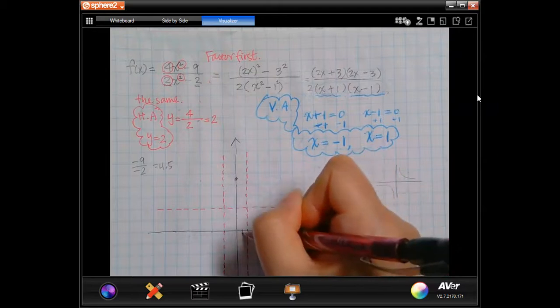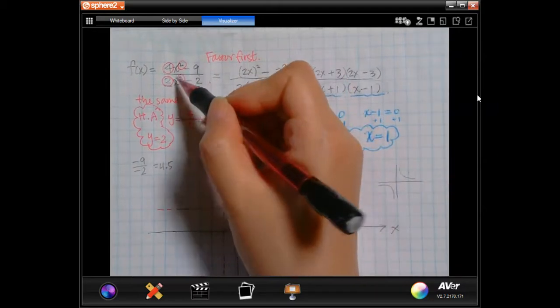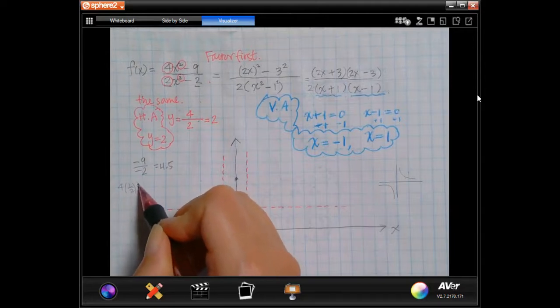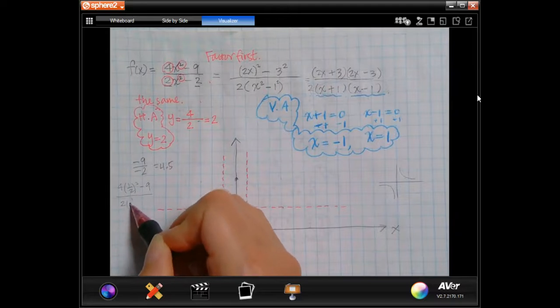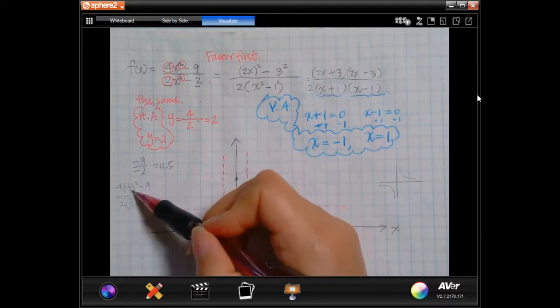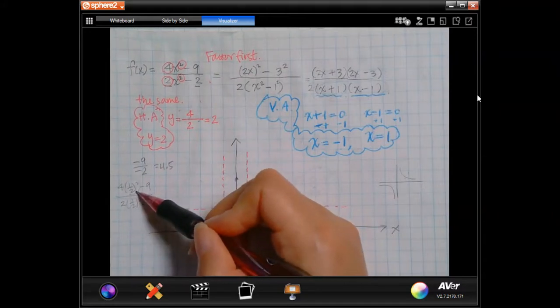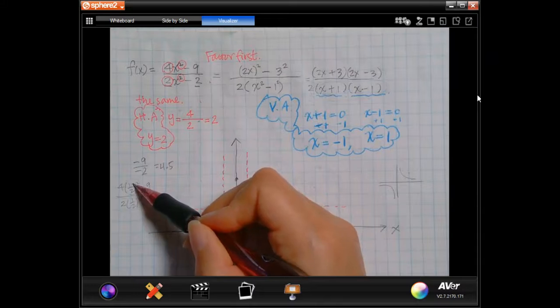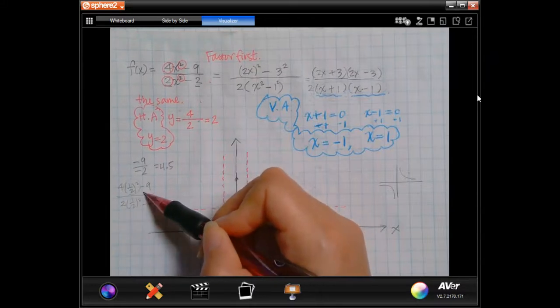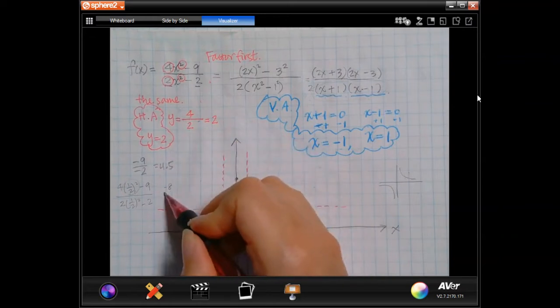Then 1/2 goes back in here. So it's gonna be 4 times 1/2 squared minus 9, and 2 times 1/2 squared minus 2. Then now I have to do exponents first. 1/2 squared is 1/4. 1/4 times 4 is 1. 1 take away 9 is -8.